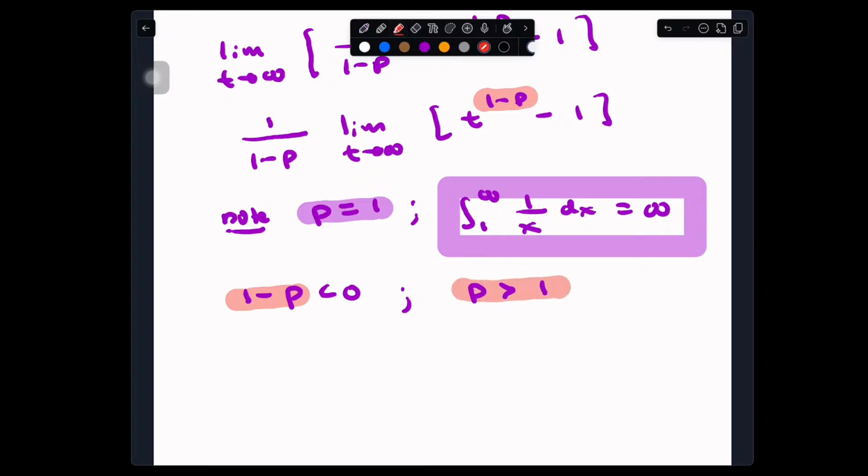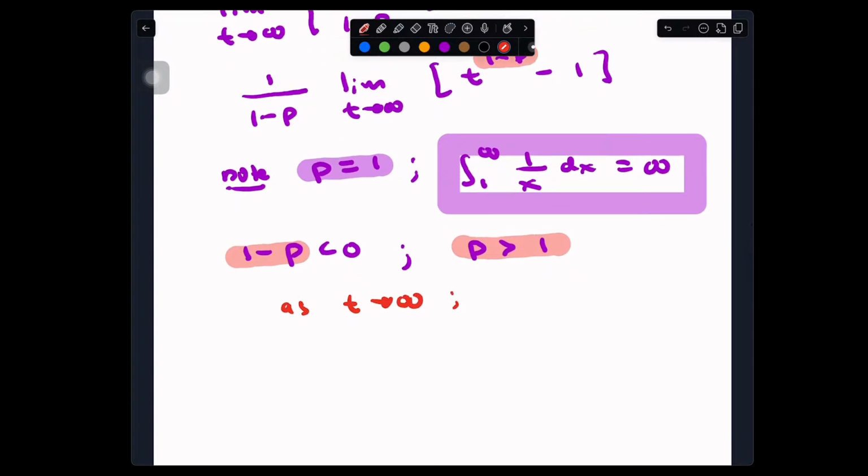And that's what we're looking at. So let's look at the limit here. Okay, so what this means is as t goes to infinity, we know that t to the 1 minus p will go to 0.